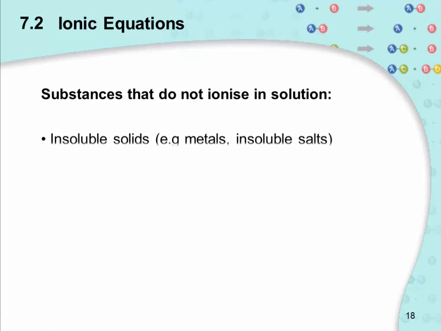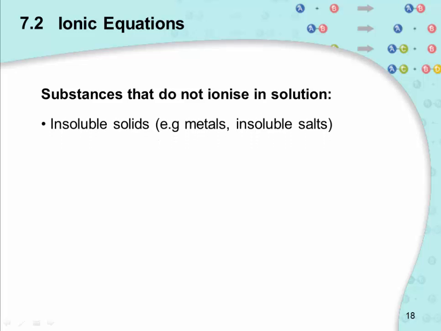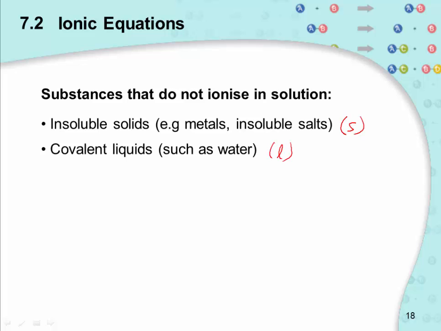Substances that do not ionize in solutions are insoluble solids, like metals and insoluble salts. So what you usually write behind for state symbol is s. So you do not break down any solid state. You also do not break down covalent molecules such as water, covalent liquids. Their state symbol is l.